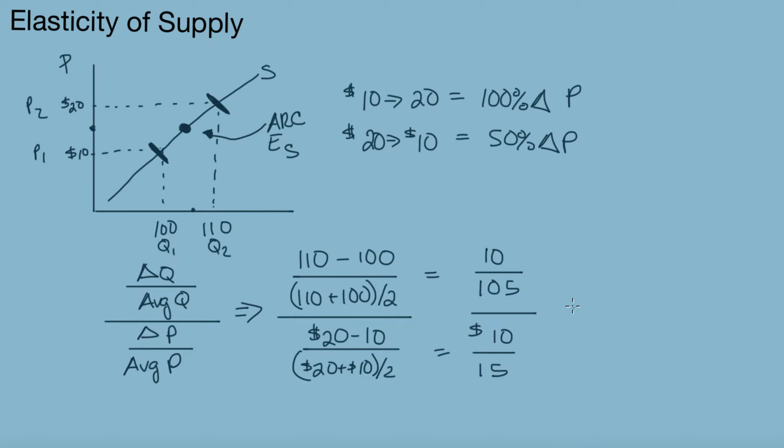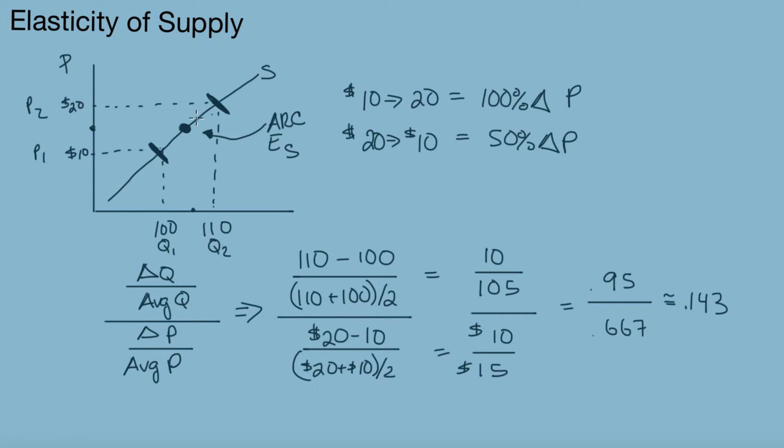We would see that 10 divided by 105 is going to be roughly 0.095, and $10 divided by $15 is 2/3, or roughly 0.667. So that means that our elasticity of supply is 0.143. Okay, so 0.143.